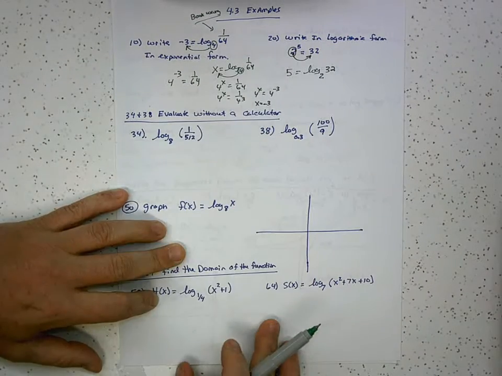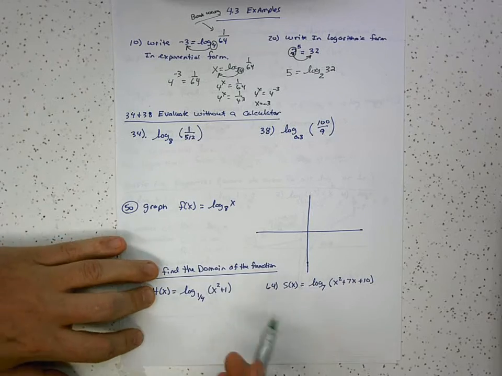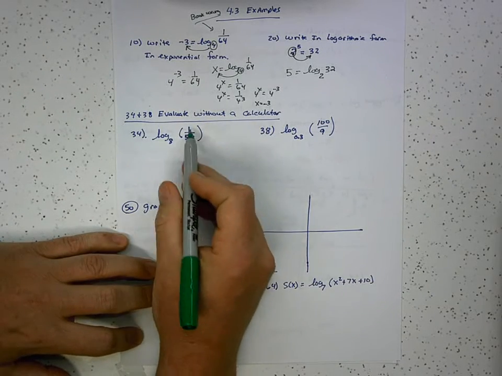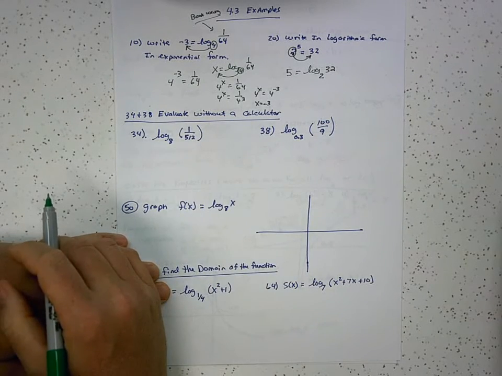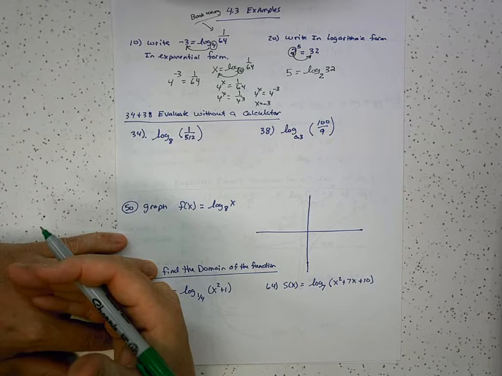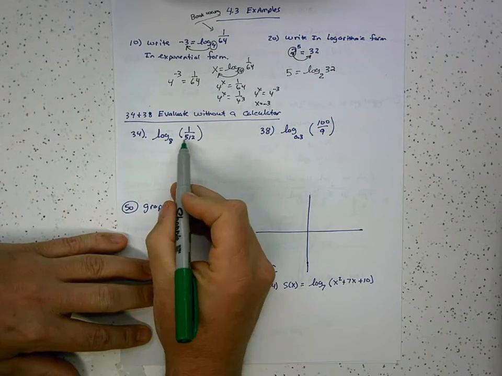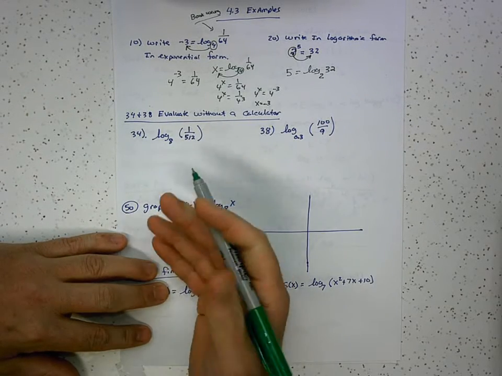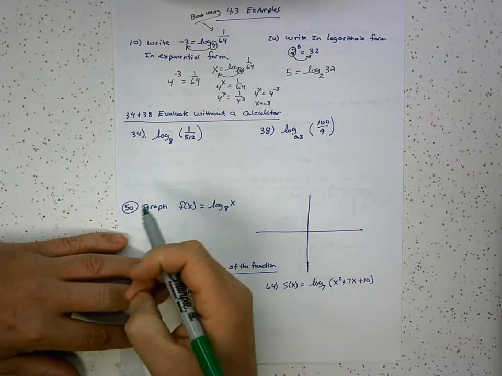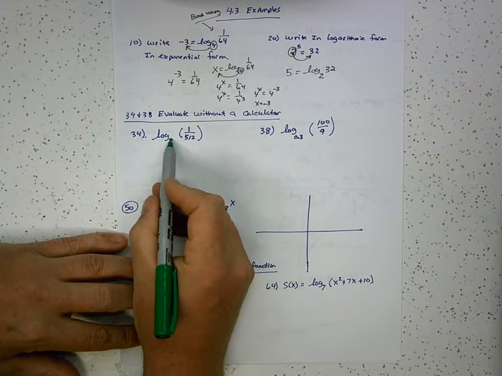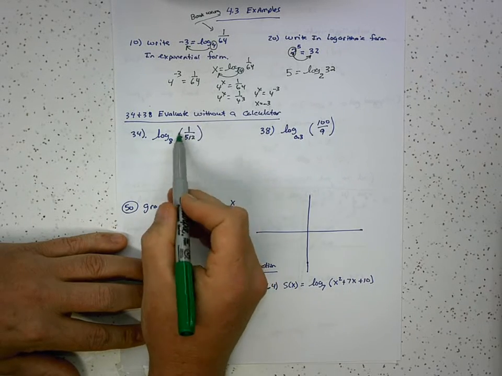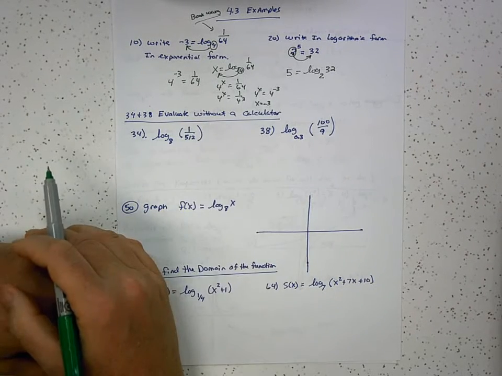Okay, the next two are going to actually do that with us. So they want us to solve out log base 8 of 1/512. Now, a lot of people can do these in their heads. When they look at it, you realize that this has to be the same. If we're not going to use a calculator, there has to be some way of getting this base into the same units as what I'm taking that log of.